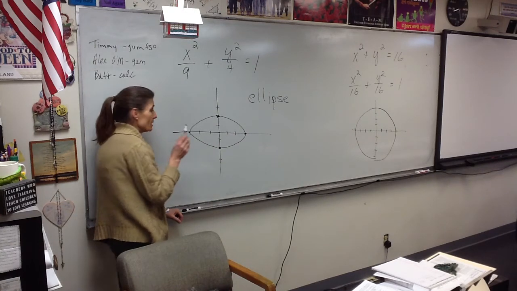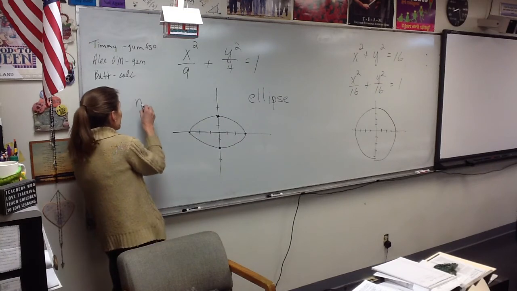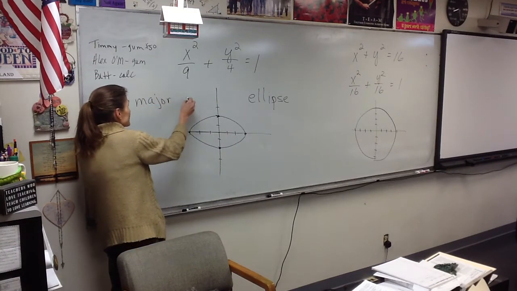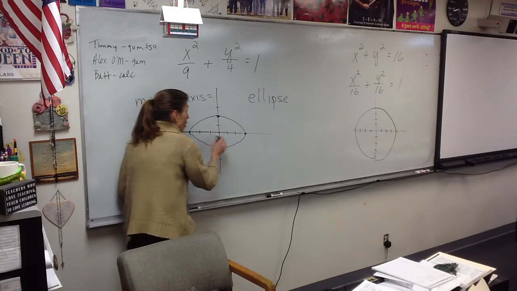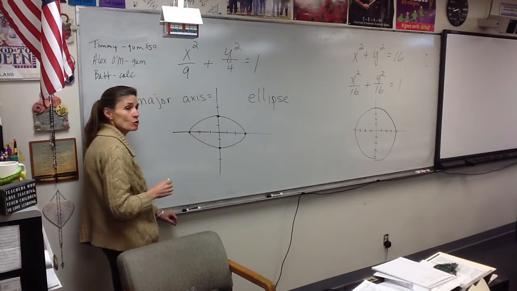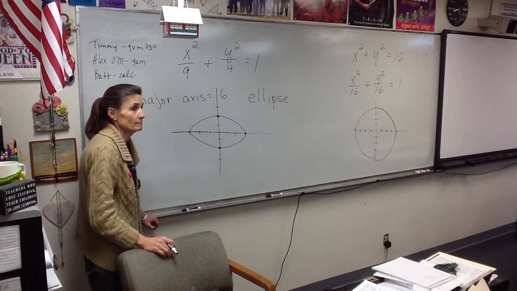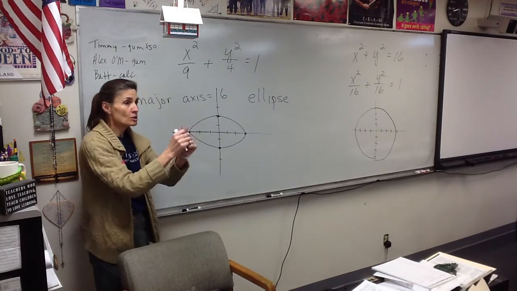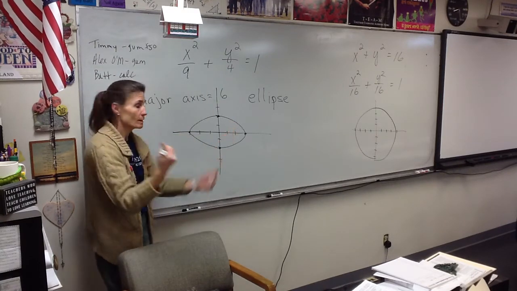Agreed? The longer axis is called the major axis. So for us, our major axis is horizontal, and it is 6 units long, because you went 3, 3.